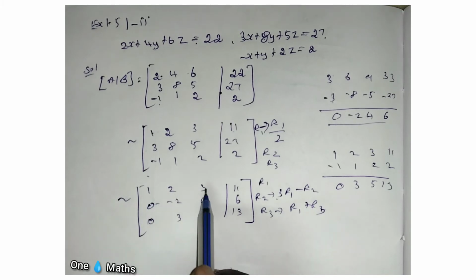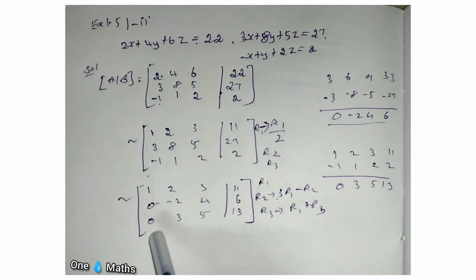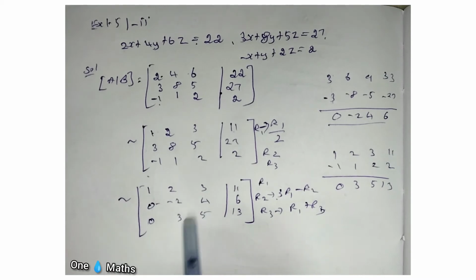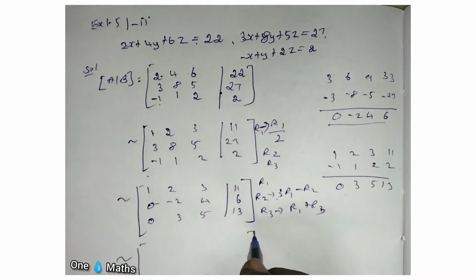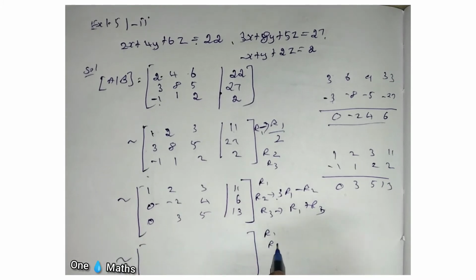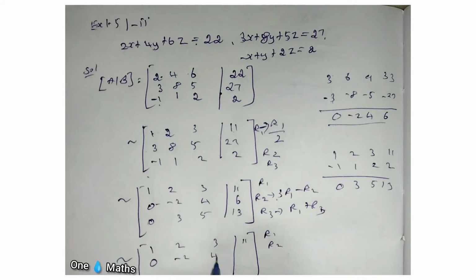So use R1 to bring the 0 in the first column, and use R2 to bring the 0 in the second column. Now R1 and R2 have no change, so write as such: 1, 2, 3, 11, 0, minus 2, 4 and 6.